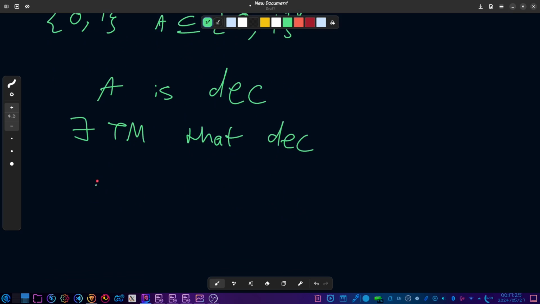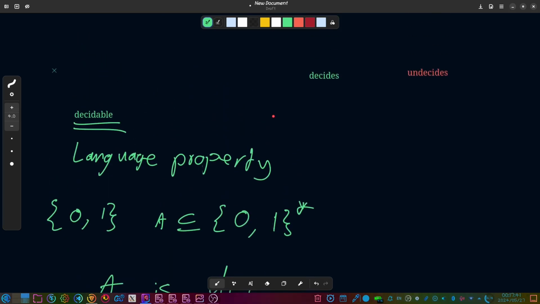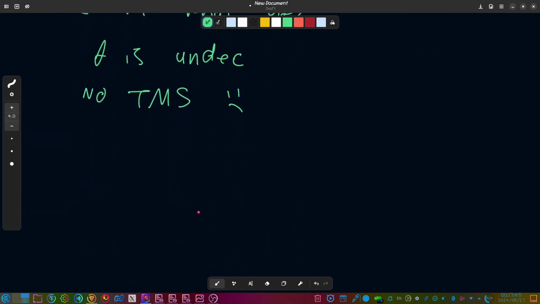And then similarly, the opposite way, A is undecidable if there are no Turing machines. Right? Cool, makes sense.